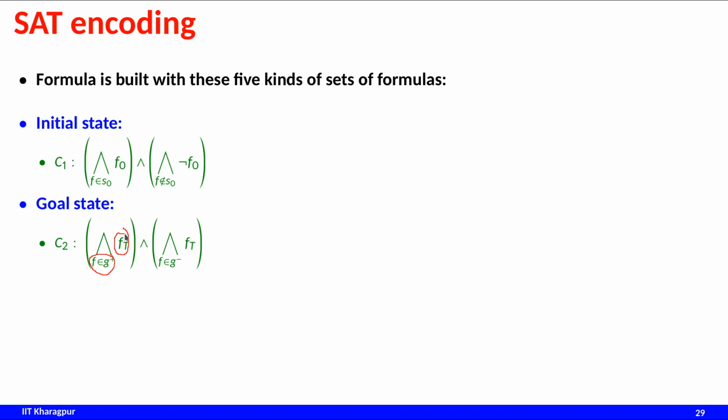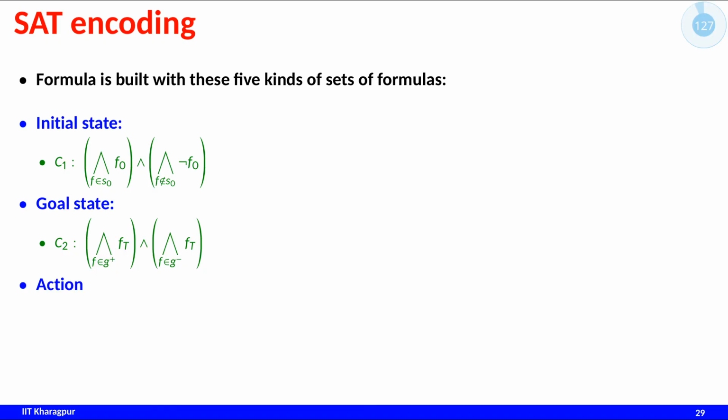So therefore we just add f t, and if f belongs to the negated literals, then it will also be added. Here we do not put the negated sign because f belongs to G minus, so it will be in that form. Here, if f was not mentioned, and f does not belong to S0, then we need to put the negation operator. So this will be my goal state.